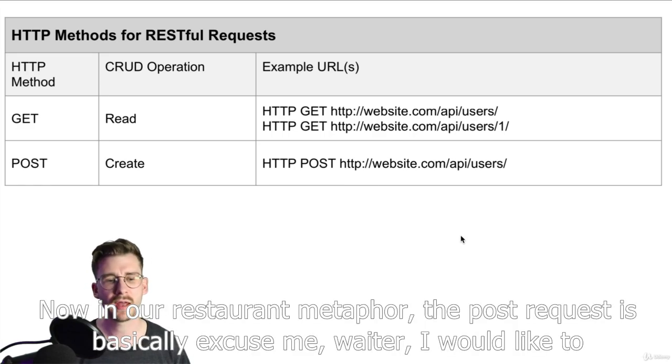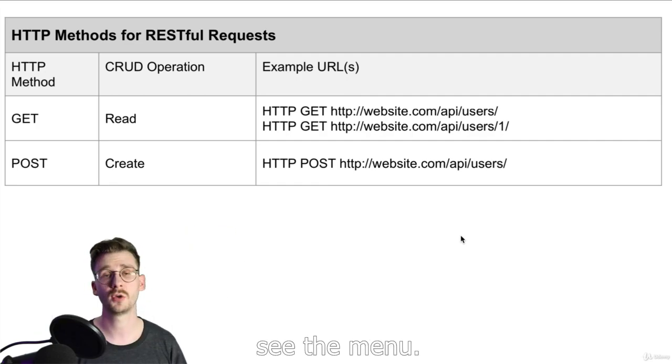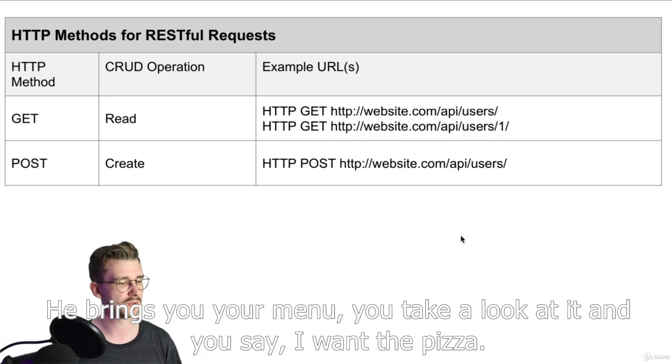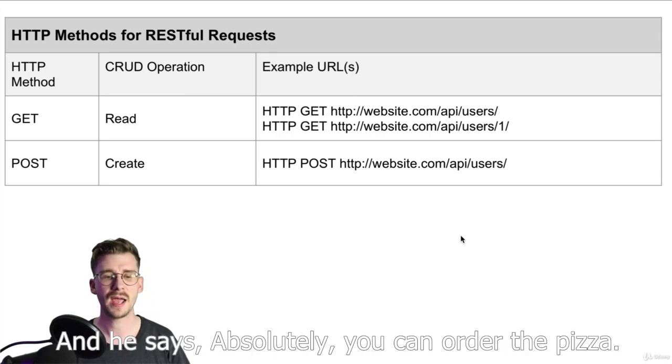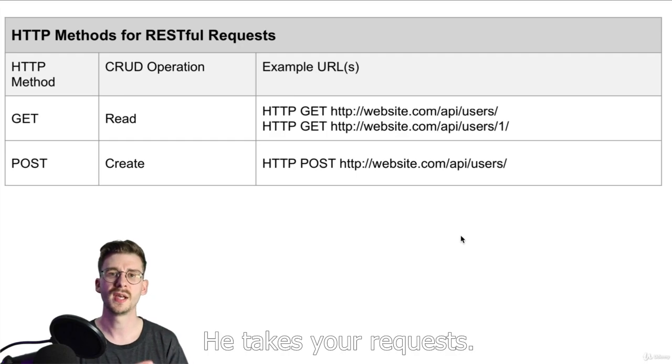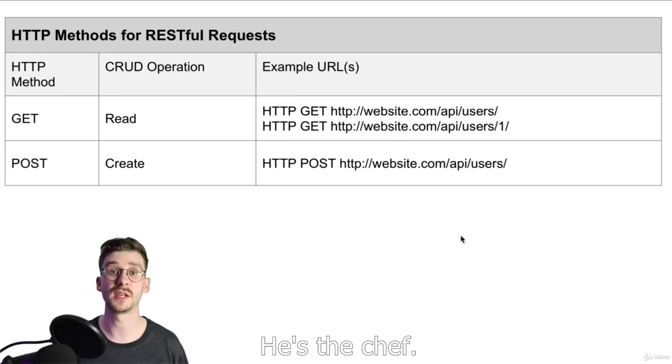Now in our restaurant metaphor, the post request is basically, excuse me, waiter, I would like to see the menu. He brings you your menu, you take a look at it and you say, I want the pizza. And so you say, excuse me, waiter, hi, yep, could I order the pizza? And he says, absolutely, you can order the pizza. He takes your request, he sends it over to that guy over there, he's the chef.